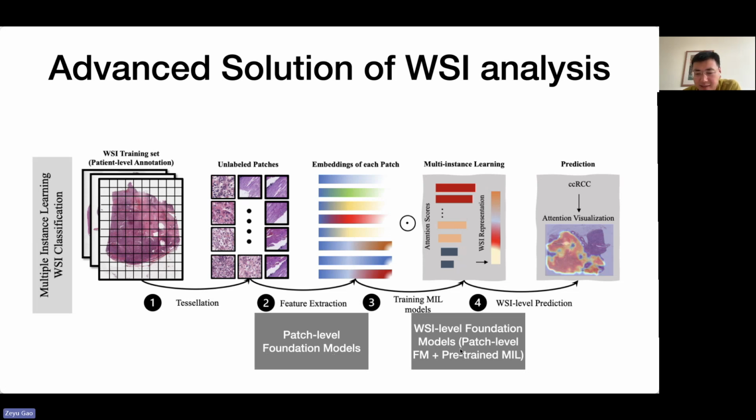So they basically stack together. You have a patch level foundation model, and you have your whole slide image level aggregator pre-trained to do downstream tasks without any training, or you can do very simple linear regression, or just one layer MLP is enough.